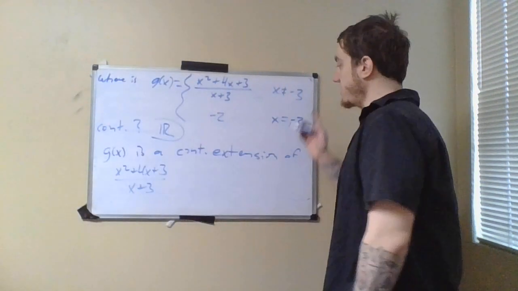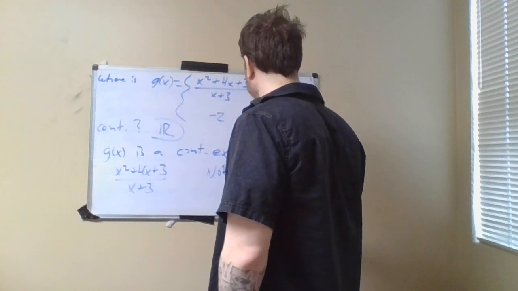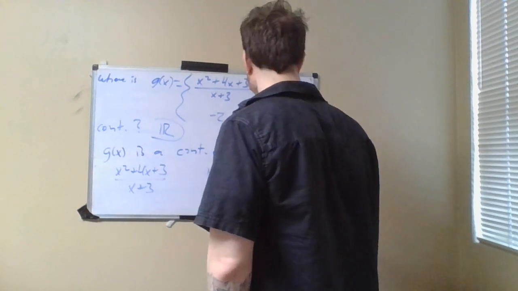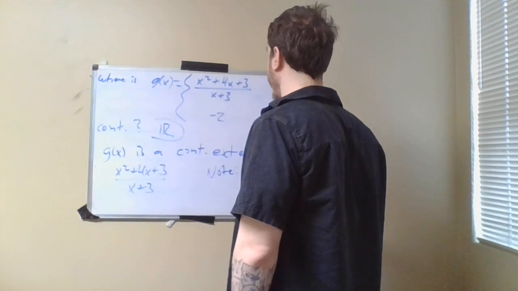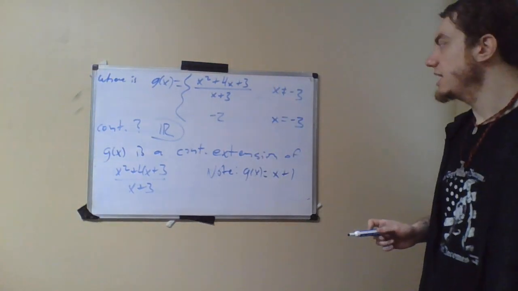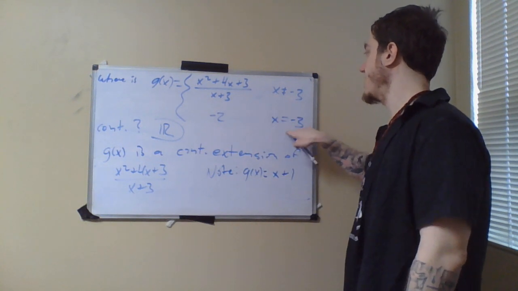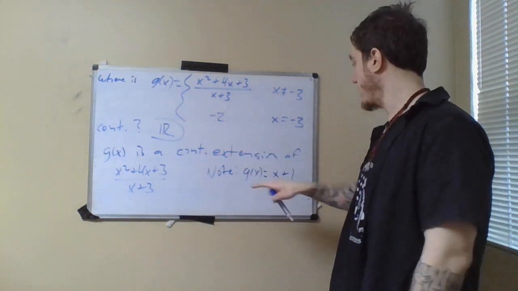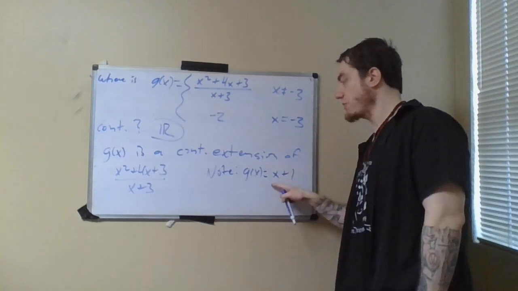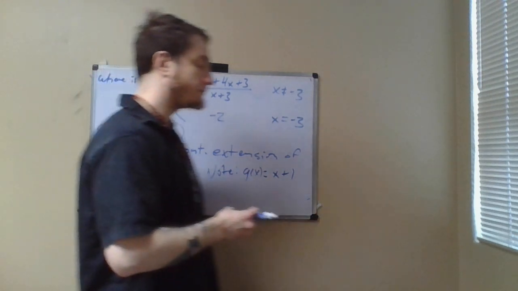The other thing to notice is that in this particular case, g of x is just always equal to x plus 1. That's literally all it is, because it's equal to x plus 1, except at x equals -3, but it's also equal to x plus 1 at -3. So they're just always equal to each other.